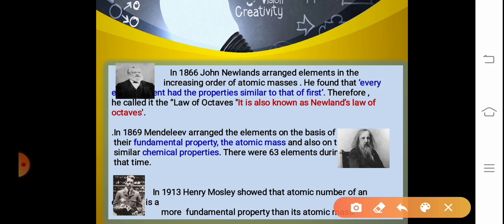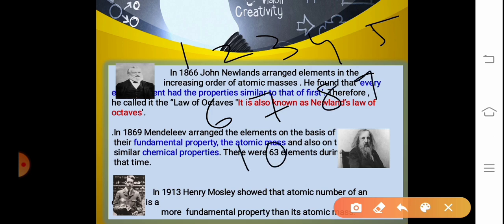For example, if there are some elements, say element 1, 2, 3, 4, 5, 6, 7, 8, 9, 10, so there are 10 elements. What happened? The property of the first element is similar to the property of the eighth element.